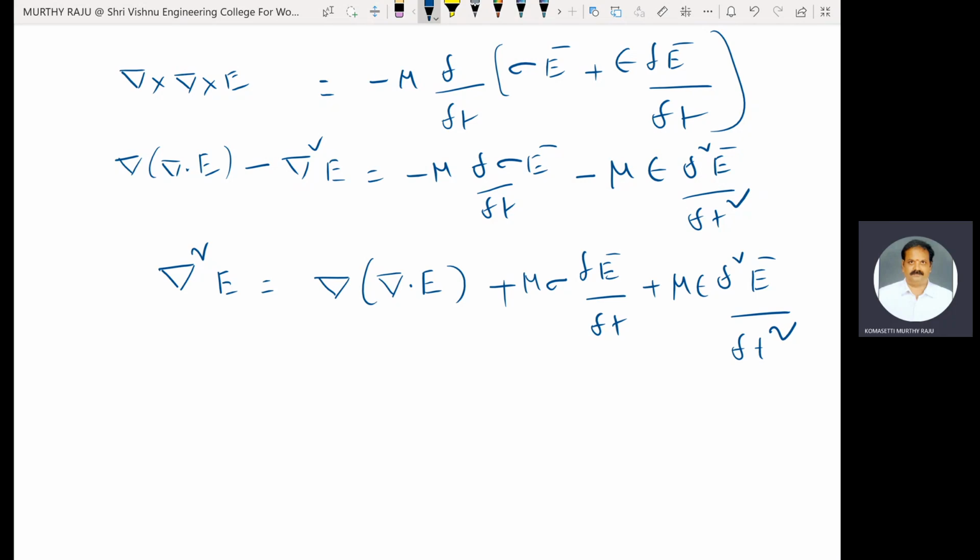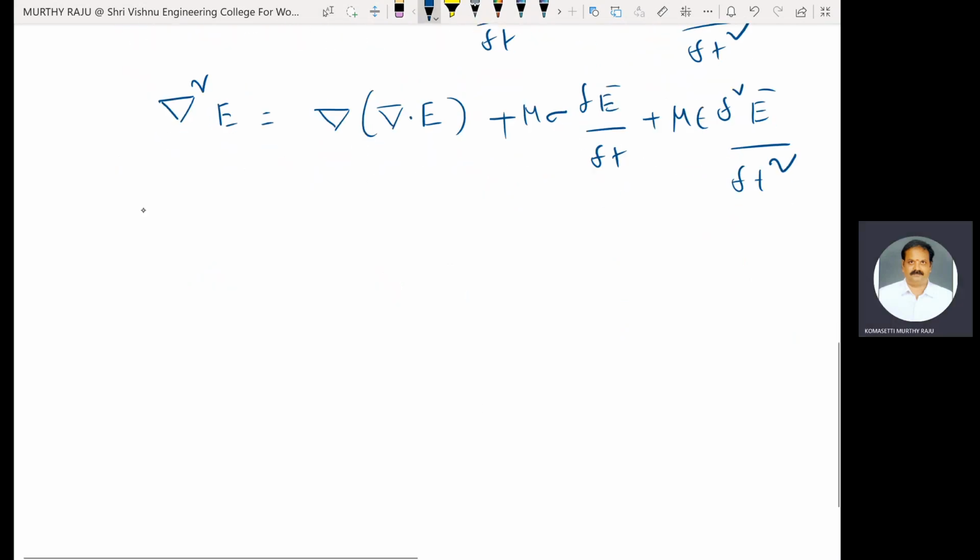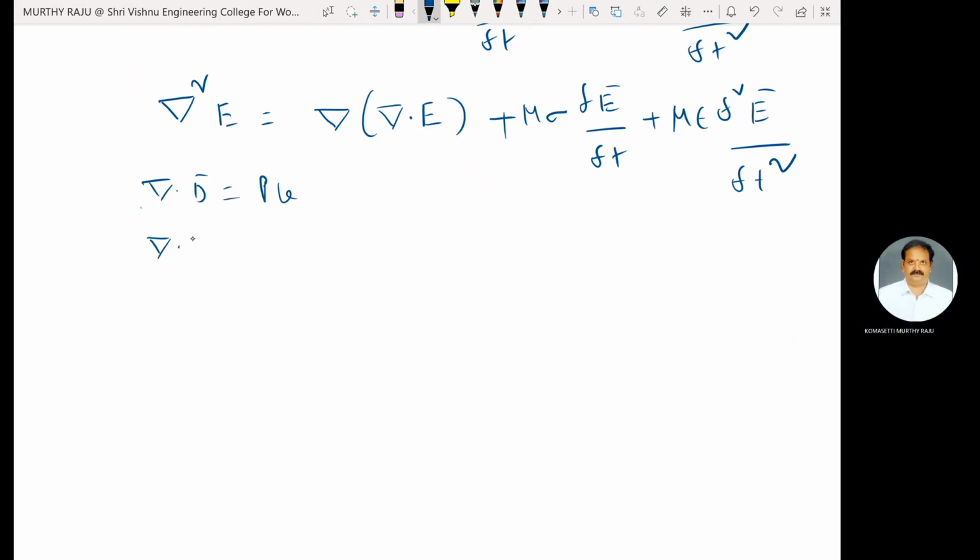Consider the wave equation in phasor form. Here del dot D bar is equal to rho V. Del dot D bar is epsilon del dot E bar, which is equal to rho V. So del dot E bar is equal to rho V by epsilon.